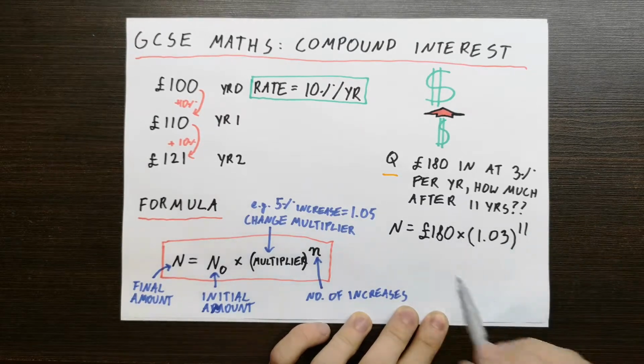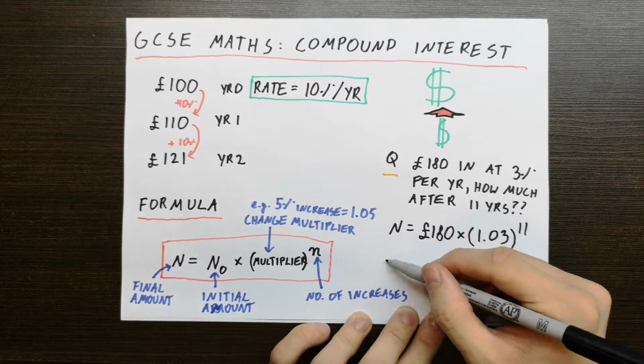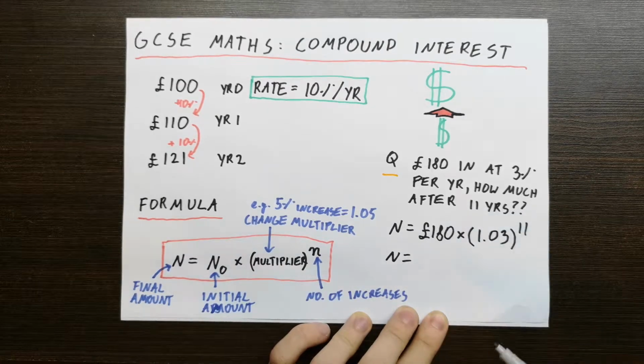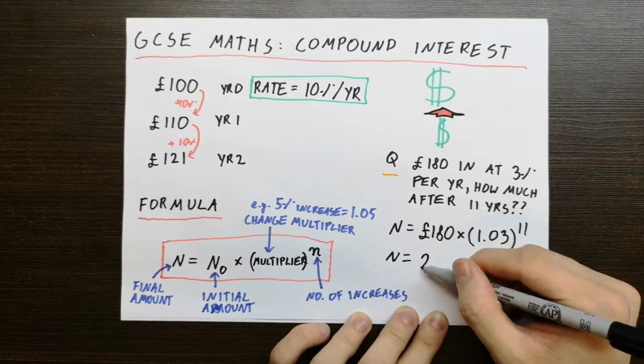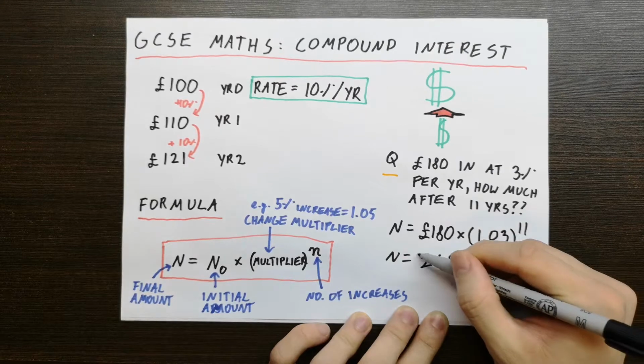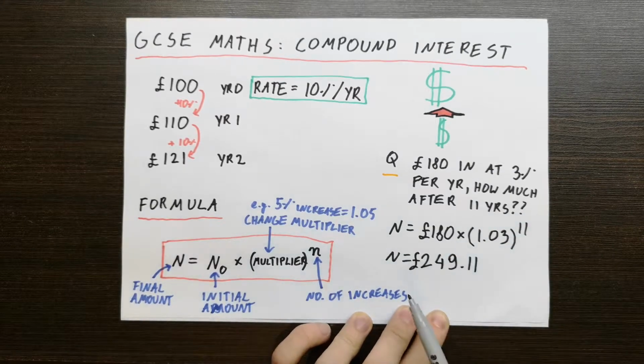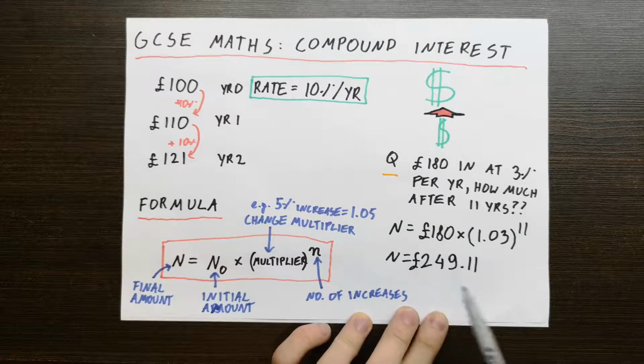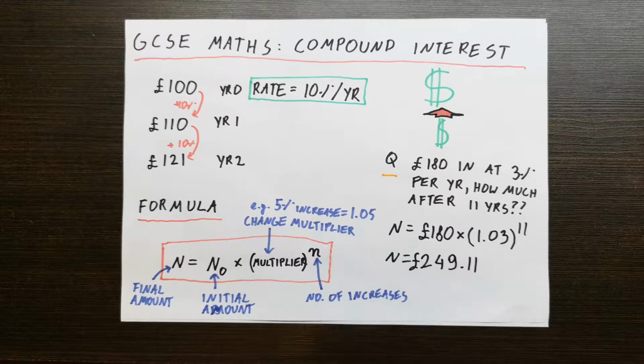So now you throw that in your calculator and your actual final value should look somewhat like this. So the final amount is £249.11. So that's how quickly we worked out this question.